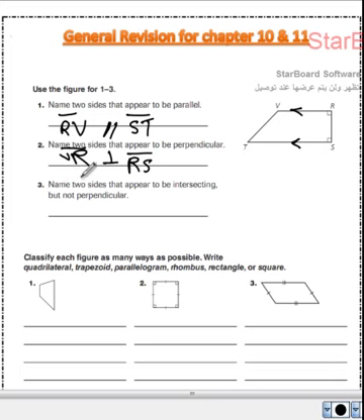Question 3. Name two sides that appear to be intersecting but not perpendicular. You should choose only two sides that appear intersecting but not perpendicular. There is no square corner between them.